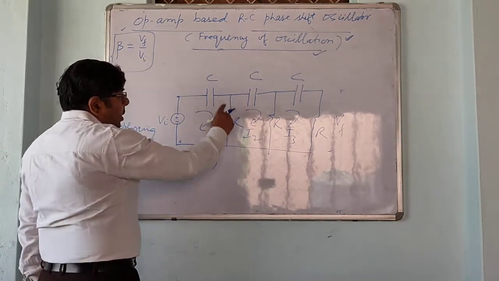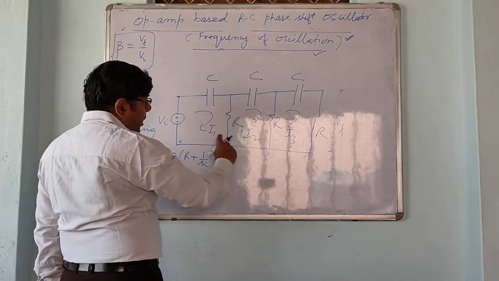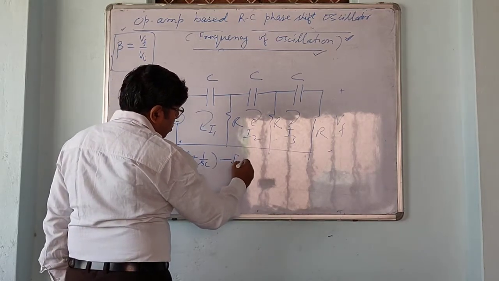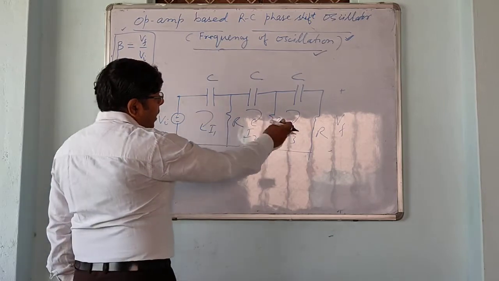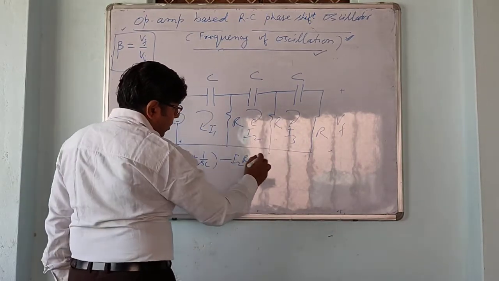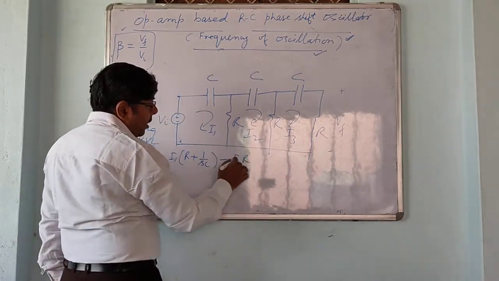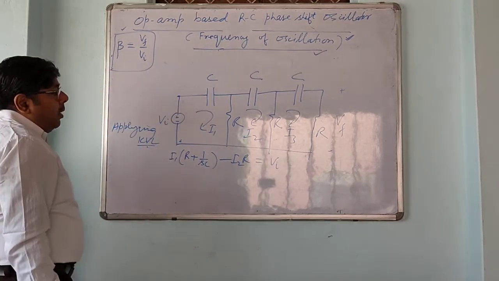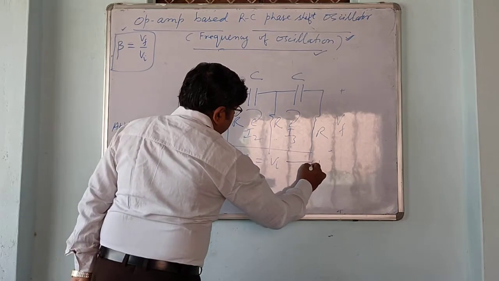This is the common branch, common resistance between first and second loop. Then we can write minus I2 into R. There is no common element between first and third, therefore no element of I3, and this is equal to Vi. This is the first one.